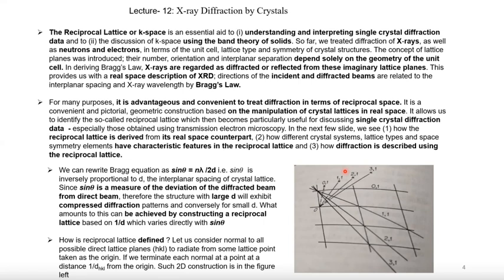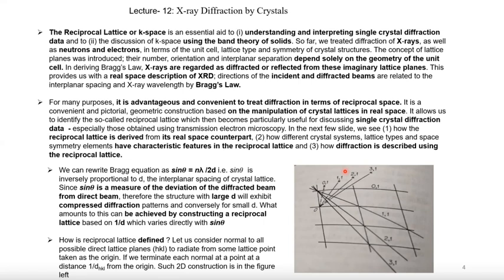This provides the real space description of XRD. When we explain the real space description of XRD, that's what we did with imaginary lattice planes.